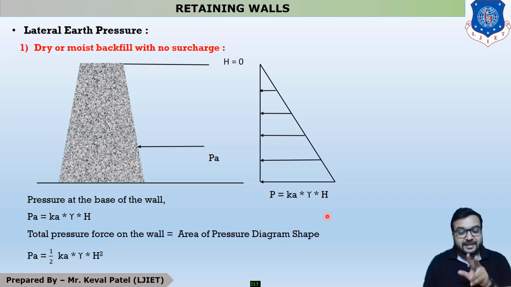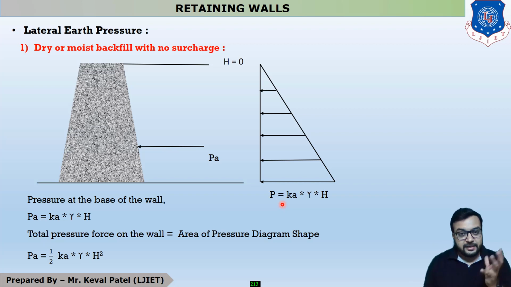Now the second term is to find the force. In this whole chapter, whenever you have to find force, you have to find the area of your pressure diagram. In this case, the pressure diagram has a triangular shape.